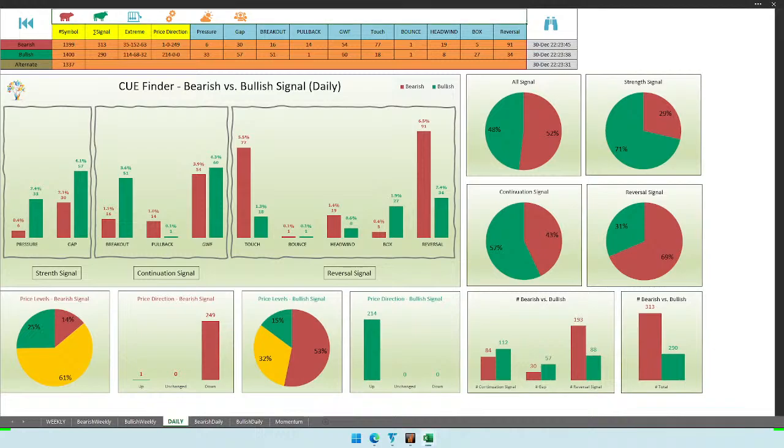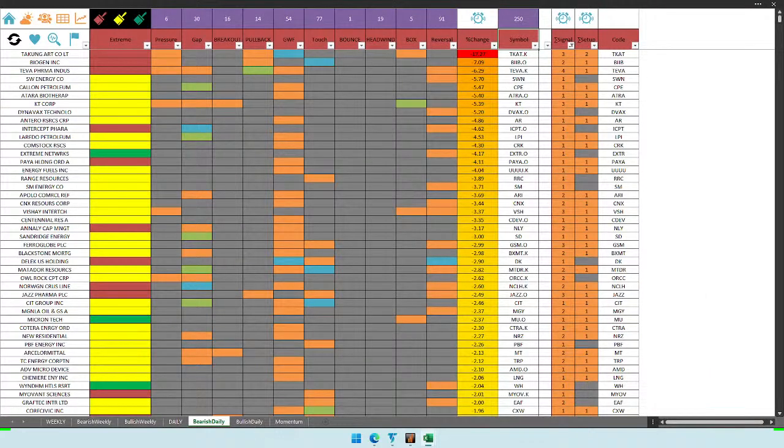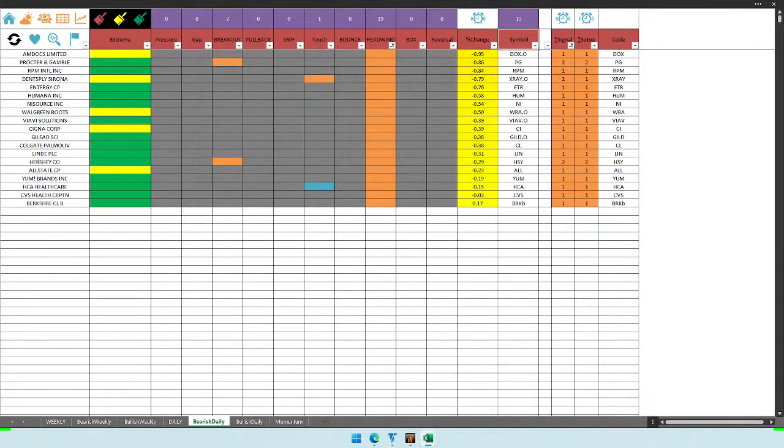So let's go to the bearish signals. Let's look for headwind. I see 19 headwinds are there. Let's flag them. They are down by not much percentage. Again, the last trading day of the year was low volume. Let's just look at the few stocks that went down by, let's say, more than 0.5%.